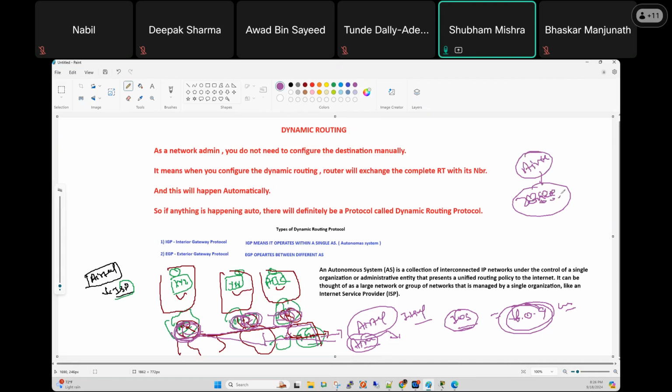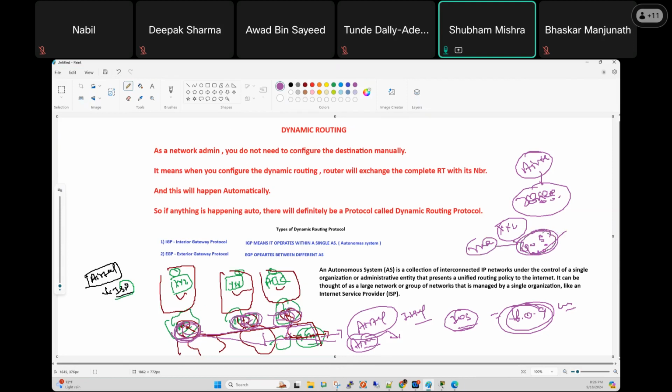For example, let's suppose I am working in XYZ company, and inside the company multiple network devices are there: multiple routers, switches, servers. Now tell me, who is the admin for these devices? As a network administrator, I am the administrator of these devices. It means I can change anything on these devices.